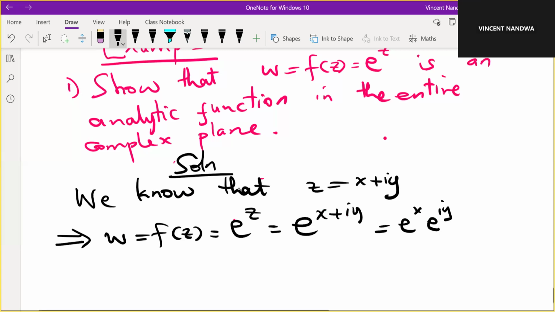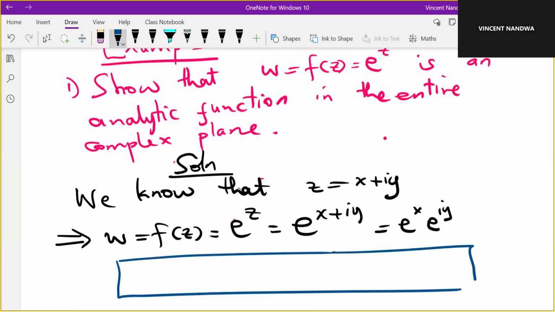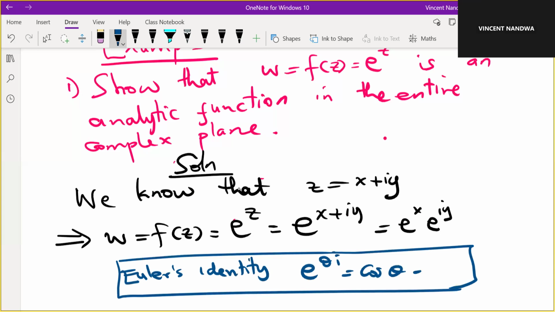But also by Euler's identity, we know that, so Euler's identity or relation, e power theta i is the same as cosine of theta plus i sine theta.